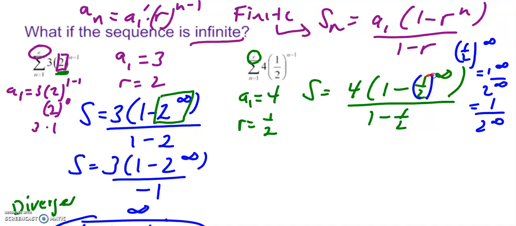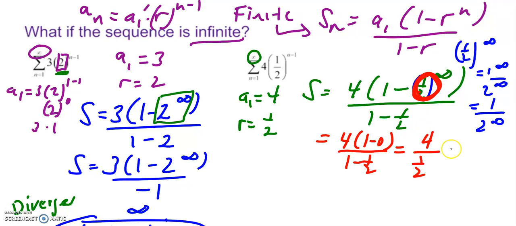So all of this can be replaced by 0, which means that we have 4 times 1 minus 0 over 1 minus 1/2, which is 4 over 1/2, which actually gets me an answer of 8. So interestingly enough, this time the series does converge, which is the opposite of diverge, on the number 8.